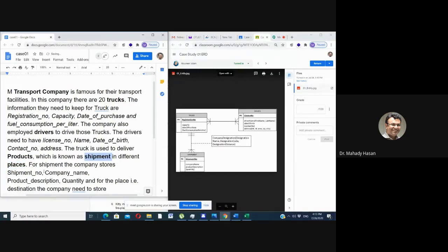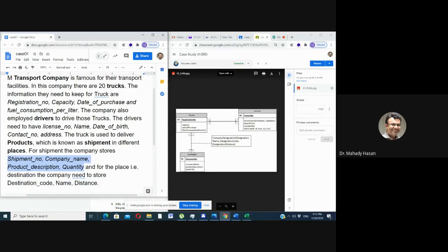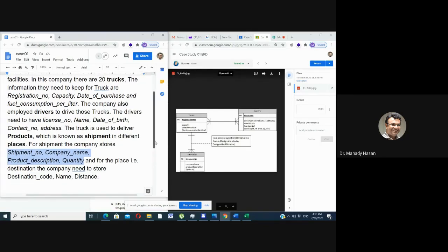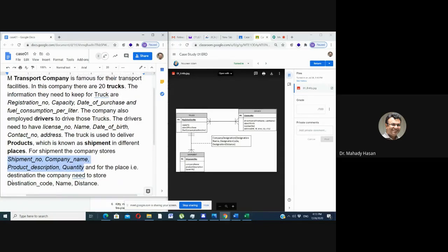For shipment, the company stores shipment number, company name, product description, quantity. And for the place, that is destination, the company needs to store destination code, name, and distance.